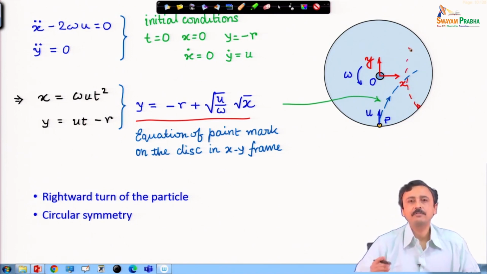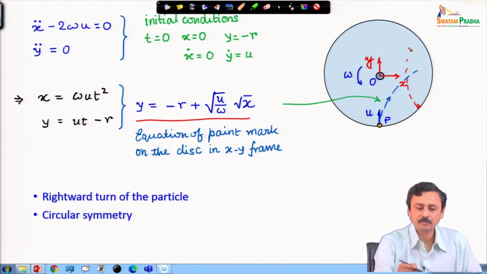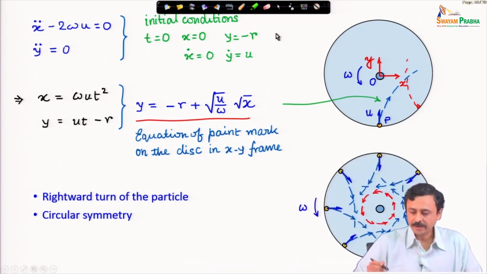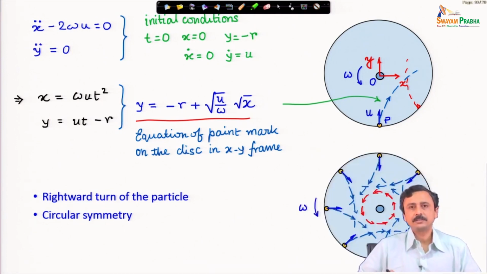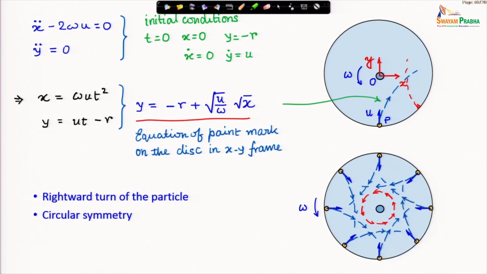It would have curved to the right with the counterclockwise rotation, and this is what I have drawn here. If you start the particle from various sides radially inwards, they will all curve to the right, and if they all curve to the right, this is suggestive of something, and if you are thinking about cyclones, we are going to get there next.